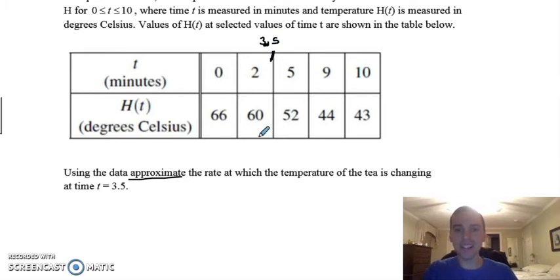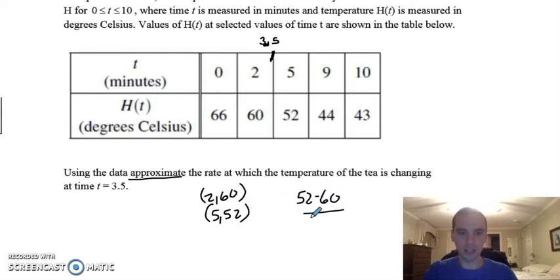And so the idea here is we're going to take the average between the 2 and the 5. So we're going to go 2 comma 60 and 5 comma 52 and find the slope. So 52 minus 60 divided by 5 minus 2. We're going to get negative 8 degrees Celsius per 3 minutes. That's the average rate at which it's changing right around 3.5 minutes.